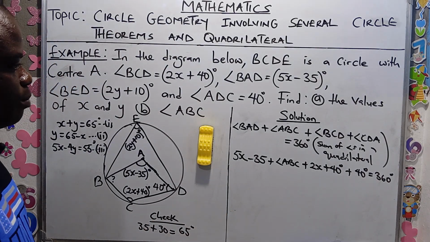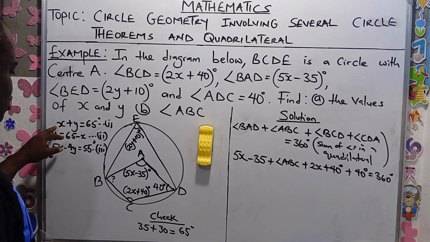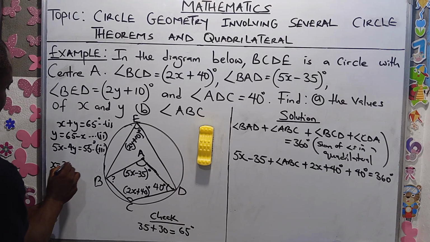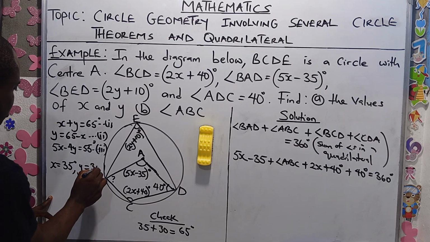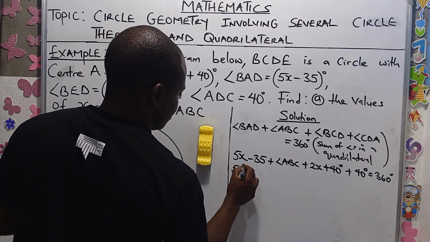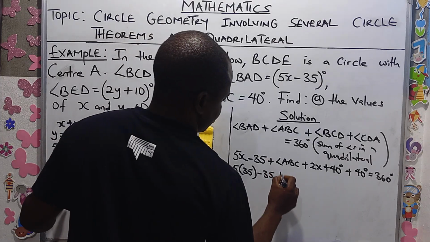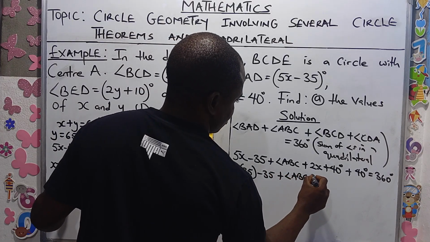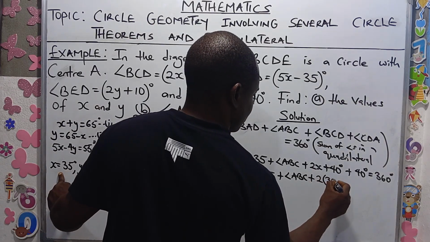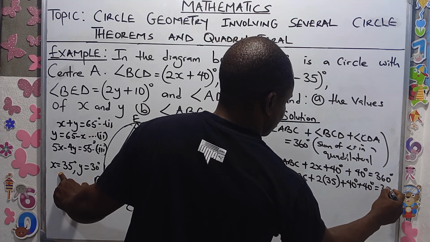What you need to do is to replace the value of x. Since we have the value of x to be 35, don't forget our x equals 35 degrees, our y equals 30 degrees. Now let's put the value of x. 5 into 35 minus 35 plus angle ABC plus 2 into 35, plus 40 degrees plus 40 degrees equals 360 degrees.